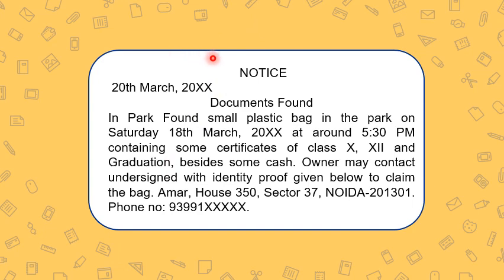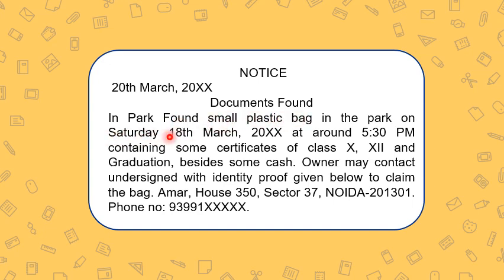If you see this question carefully, we don't have the name of the organization because no organization is drafting this notice. This has been written by an individual. So we have notice here followed by the date and the topic, which is documents found. You're giving the details of what has been found. It's a small plastic bag.